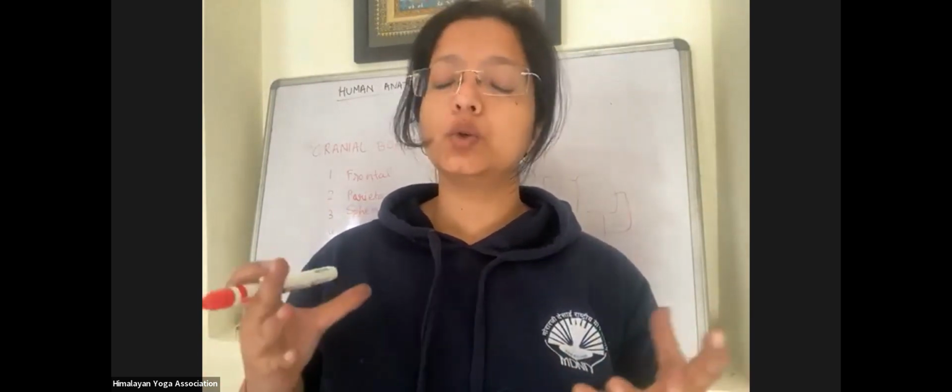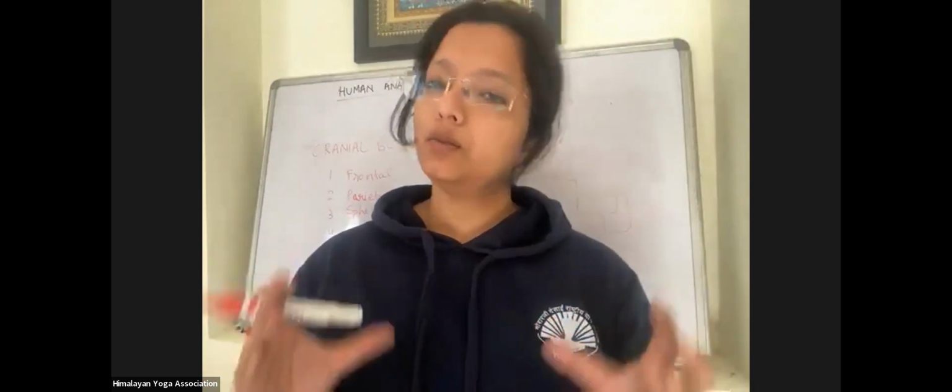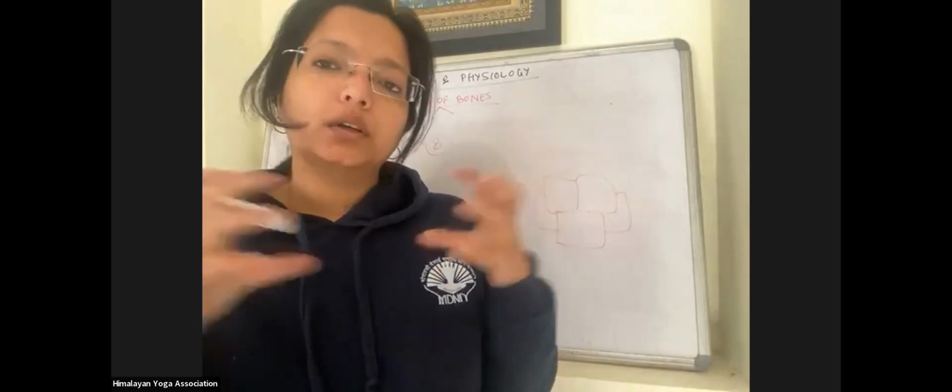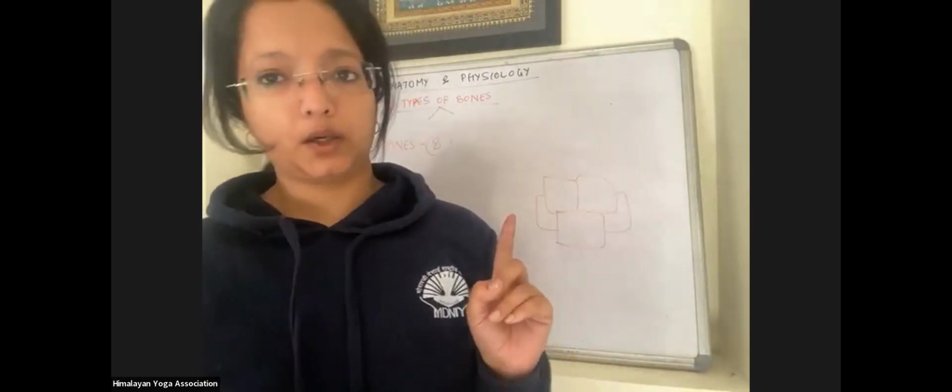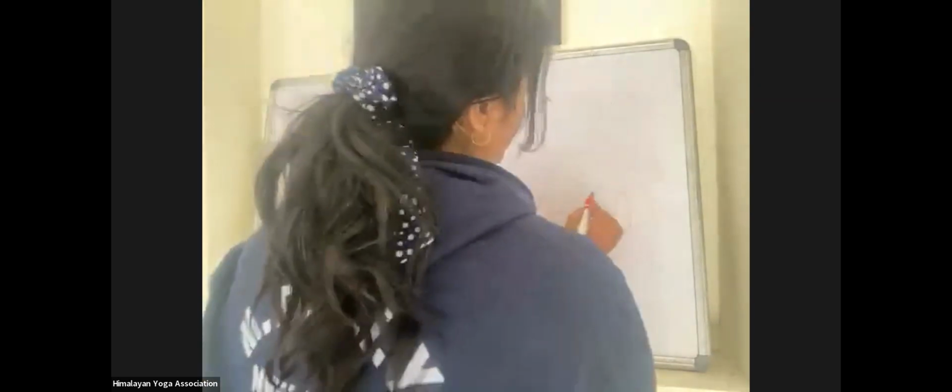You do not want them to move because they are protecting a very significant organ of our body, which is the brain. So all the bones are connected very nicely, and they do not move at all. And this joint is called suture.